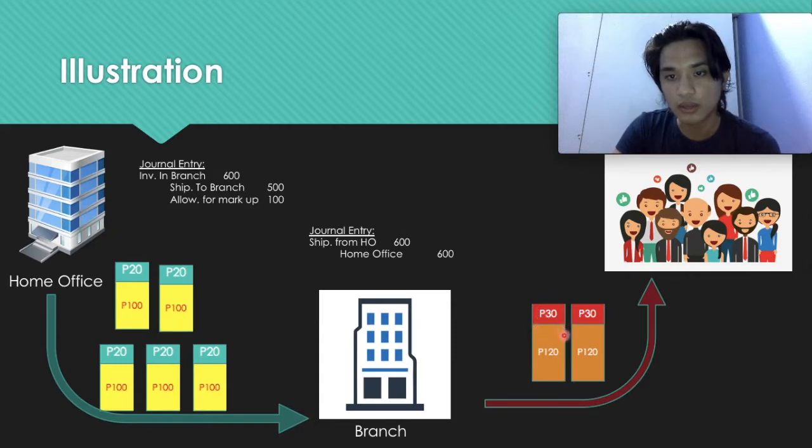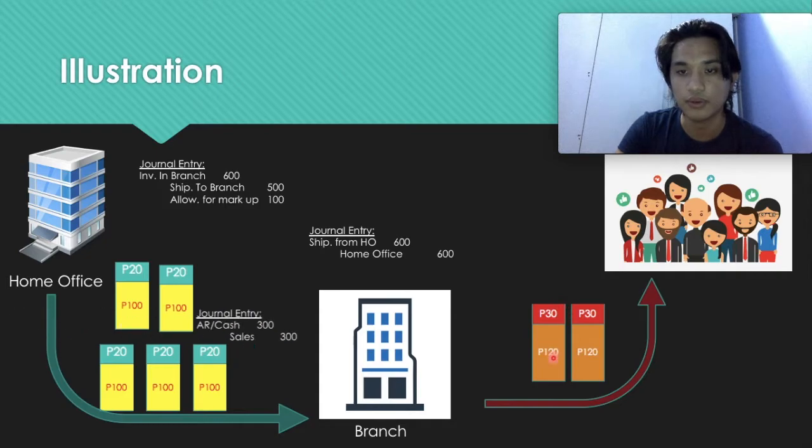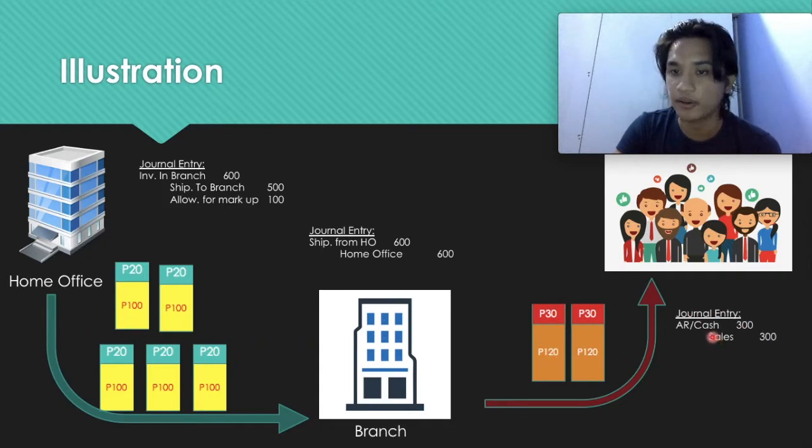It treated 120, the bill price, as its cost because it does not know about the markup made by the home office. So you have 120 as its cost and then 30 as the markup. All in all, you have the selling price at 150. So the journal entry would be debit cash or accounts receivable, credit sales 300. So that's 150 and 150.